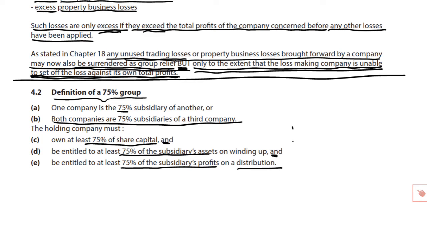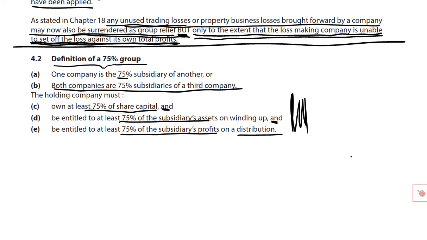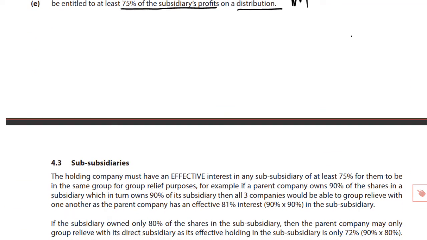Now, although that could be the object of a written question in terms of what are the relevant provisions, let's say an objective testing written discursive question, which of these is or is not a condition for group relief to be available? Those are the three conditions that need to be satisfied to constitute a 75% group.